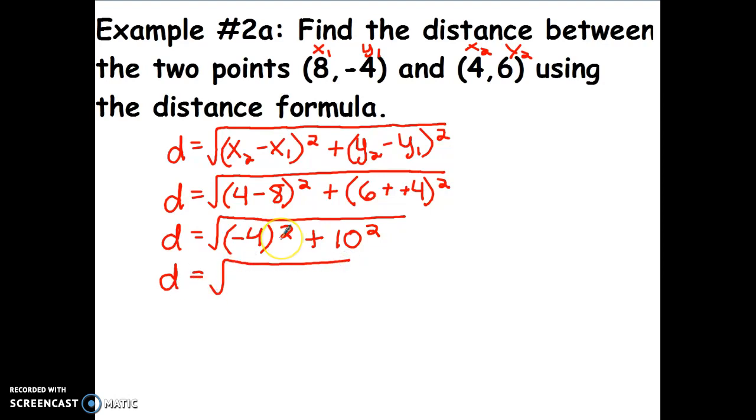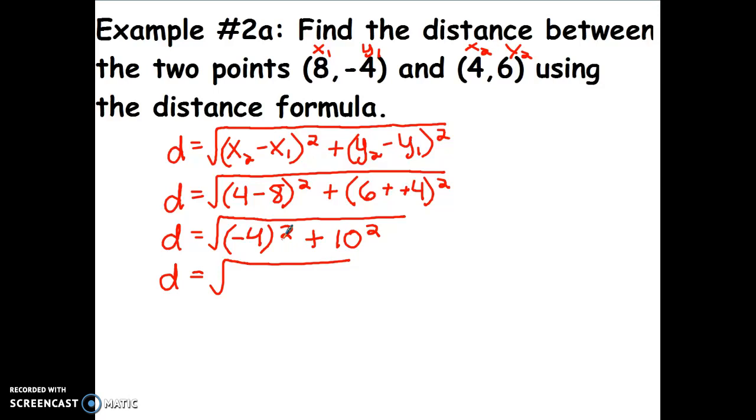All right, so -4 squared, which is the reason that I tell you guys to keep it in parentheses is because for those who don't know their squares off the top of their head, you're going to put it in your calculator. Well, if you put this in your calculator without parentheses, it's going to turn out negative, okay? Because it's going to square this 4 and then tag the negative on at the end.